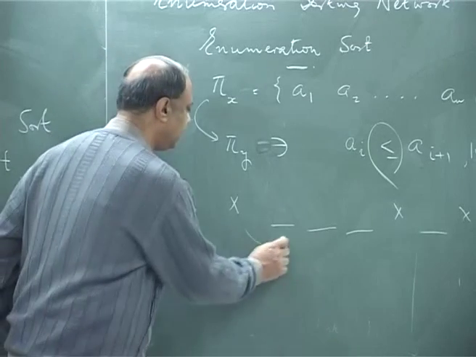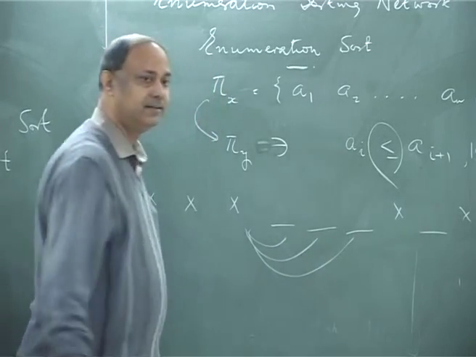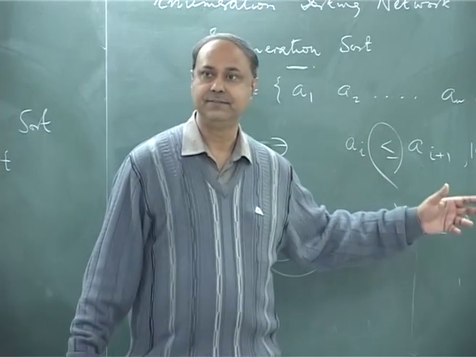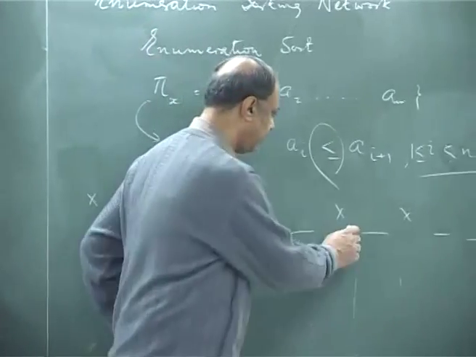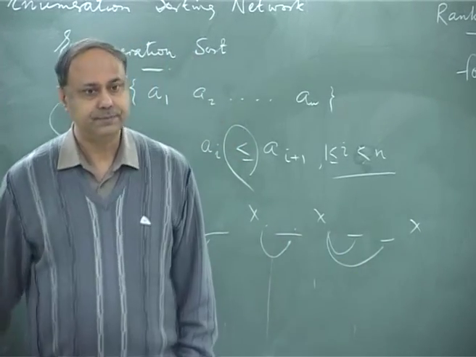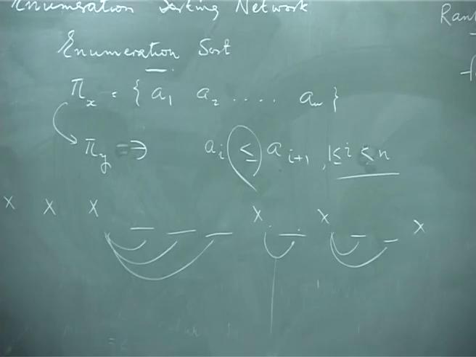So you can fill this later on also. You just scan and fill this value by this and so on. This can be done. Okay? But this may not solve our problem.